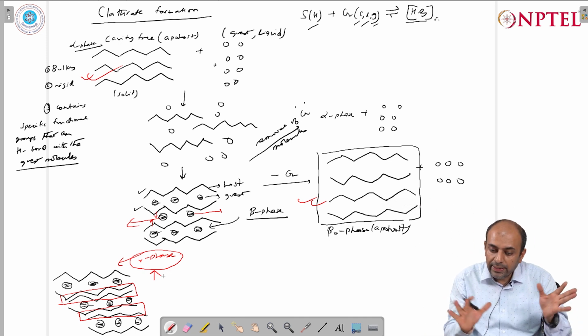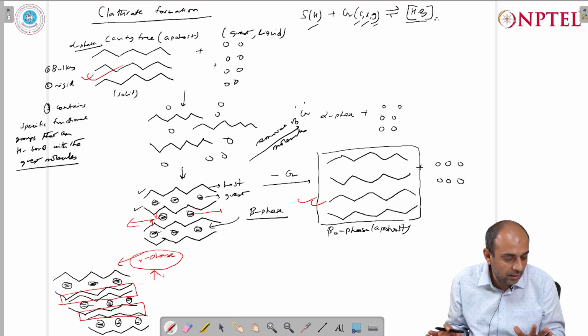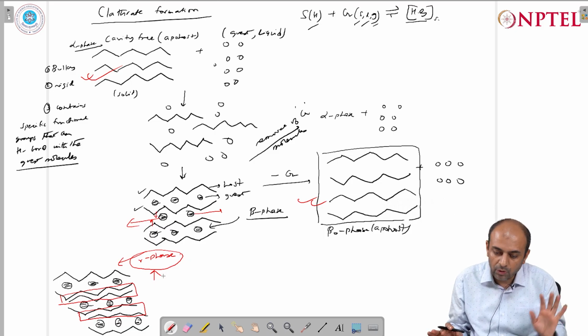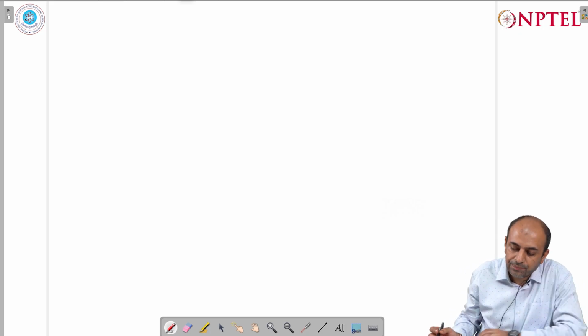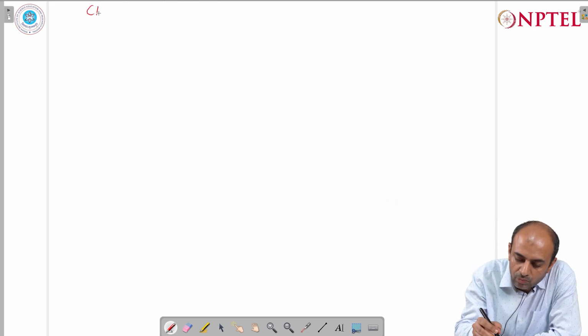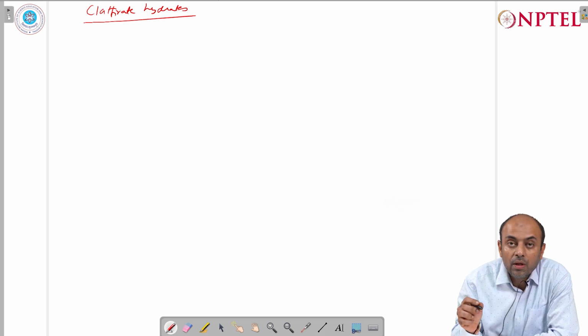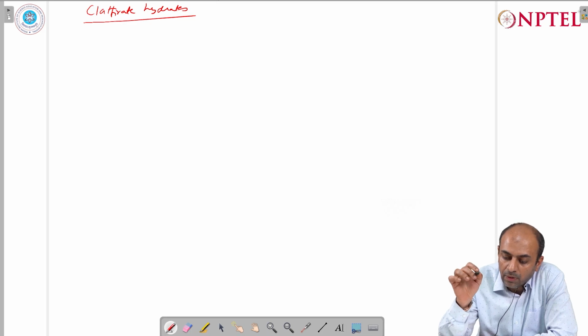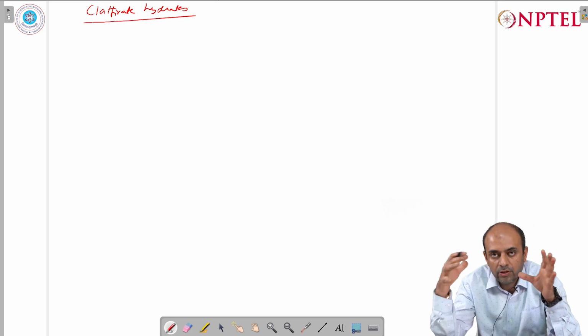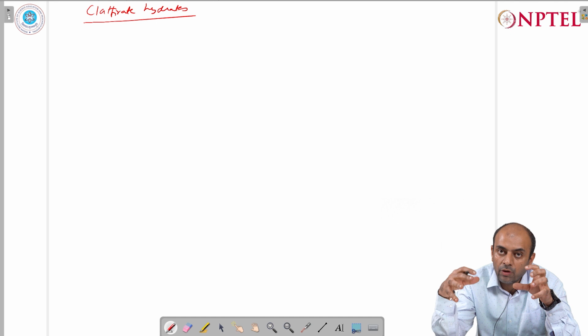So we will be looking at examples pertaining to these clathrates, and in this regard we will first look at clathrate hydrates, where essentially we have now got the formation of a hydrate structure, and the hydrate here refers to the water molecule.